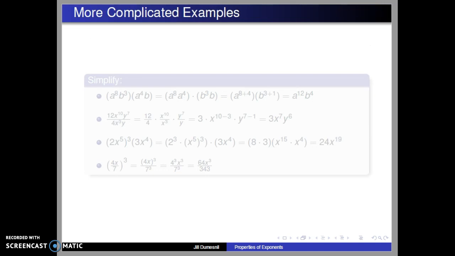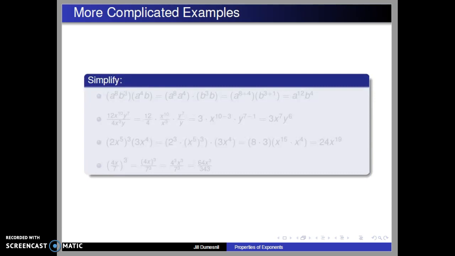Now let's consider a few more complicated examples. Again, the directions will be to simplify each expression. A to the 8th b cubed times a to the 4th b can be rewritten by reordering and regrouping the factors involving a and the factors involving b.